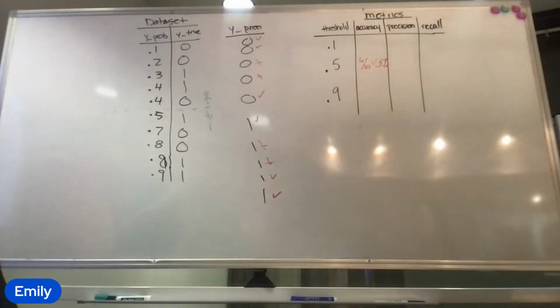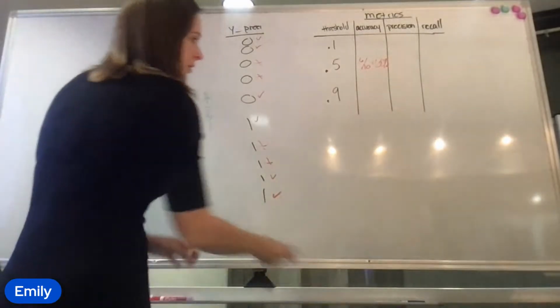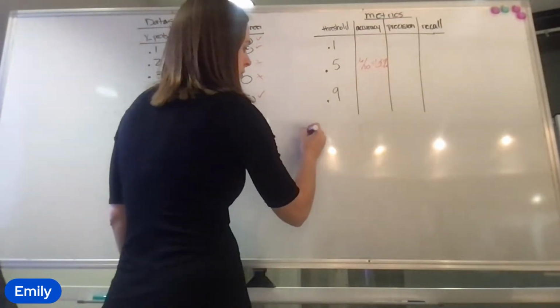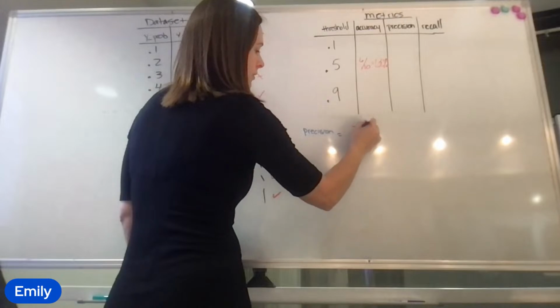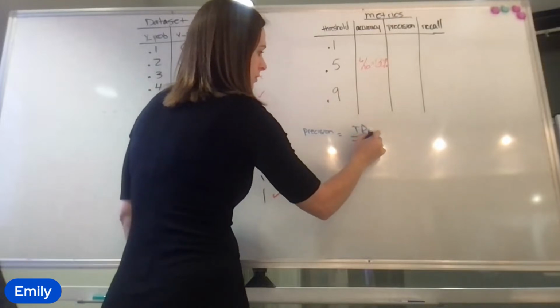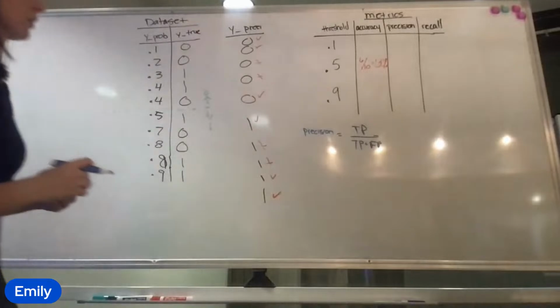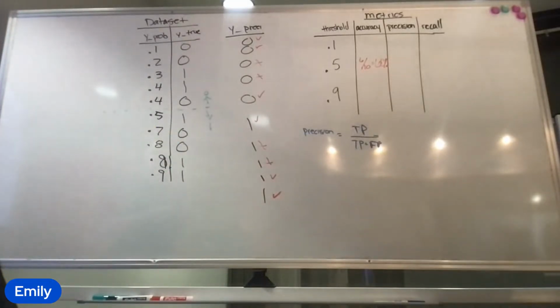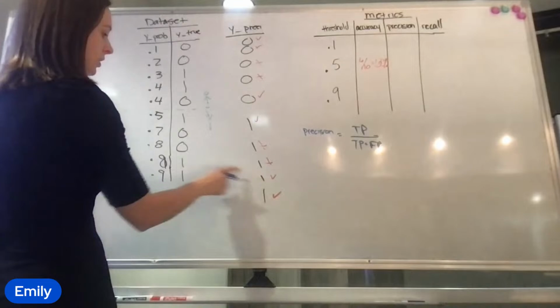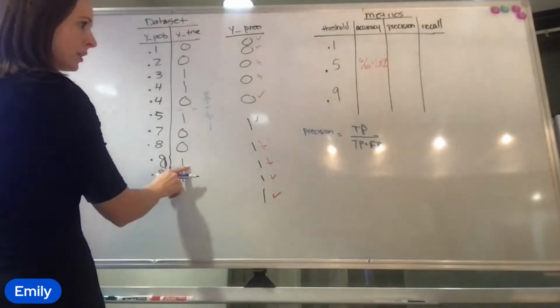Does anybody remember the formula for precision? True positives over true positives plus false positives. Excellent. So what is the precision here? Let's see, which of these are true positives? Or is it 3/5? Yes, true positive. We predicted 1, it was actually 1. We predicted 1, it was actually 1.